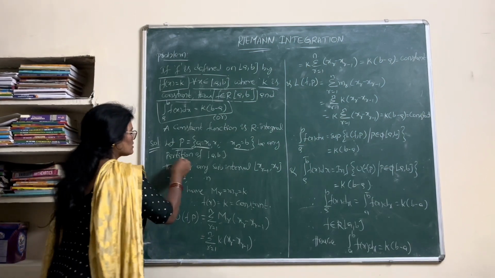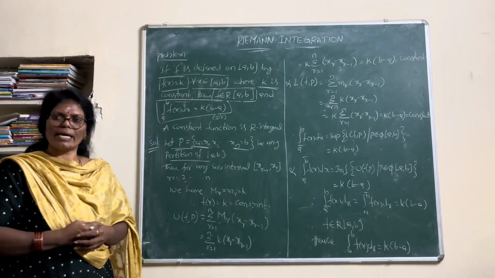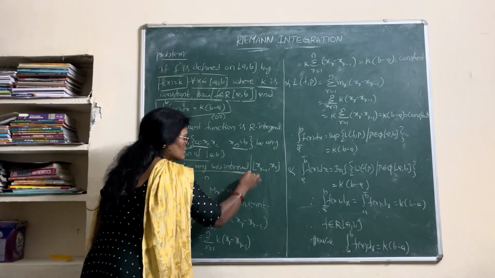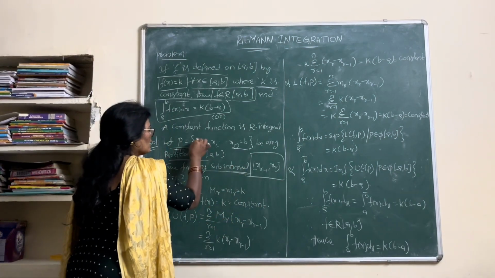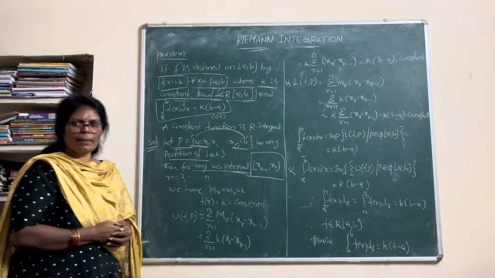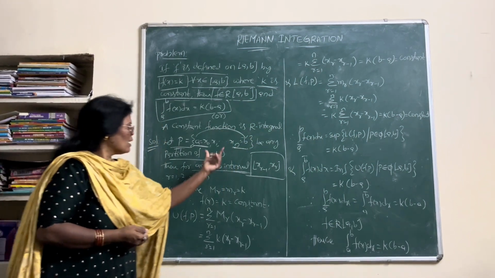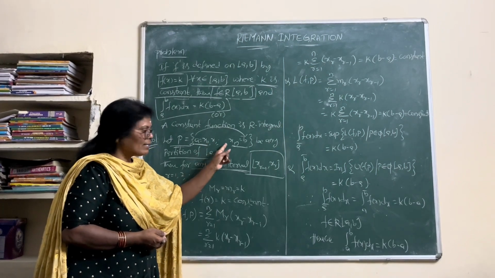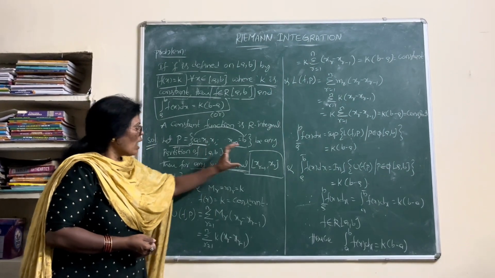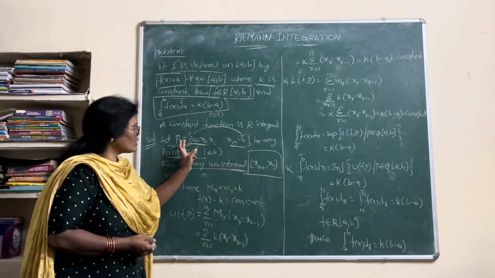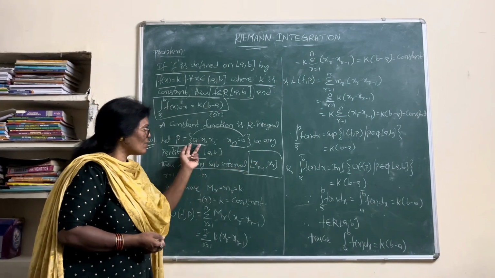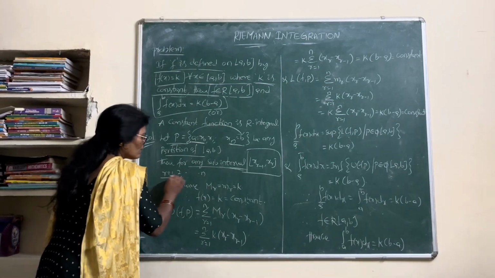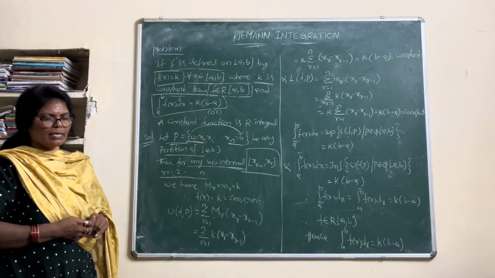So this is a partition on the closed interval a comma b. Then any rth interval is a subinterval of the closed interval a comma b, where r values from 1 to n.